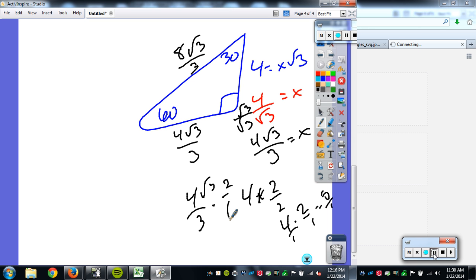Yeah, but why did the 2 and the root 3 multiply? First off, you can't multiply a number underneath a square root unless you're in a square root. So 2 times root 3, what does that answer? 2 root 3. If I want to jump underneath, I need to make the 2 a square root as well. So that's like square root of 4 times square root of 3.